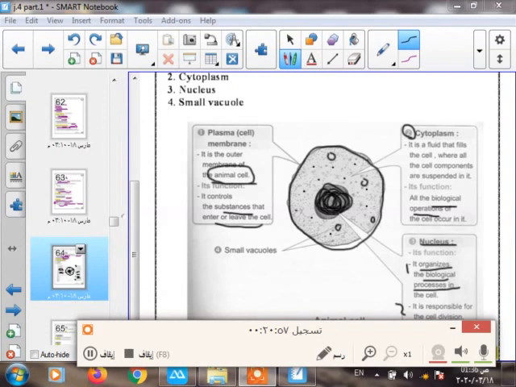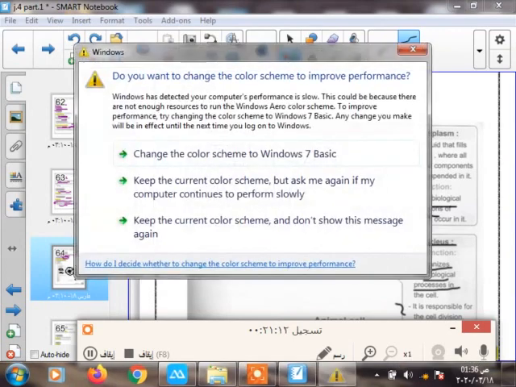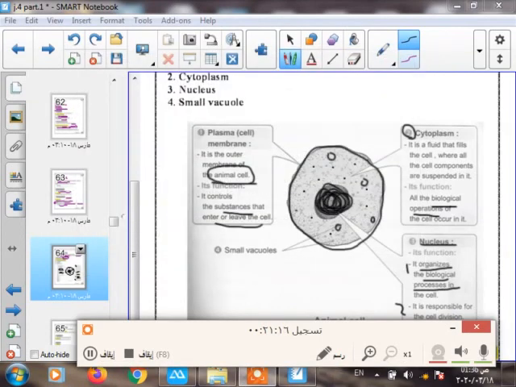So it has an indefinite shape. When I ask you to give a reason: the animal cell has indefinite shape, meaning its shape changes from one to another, due to the absence of the cell wall.